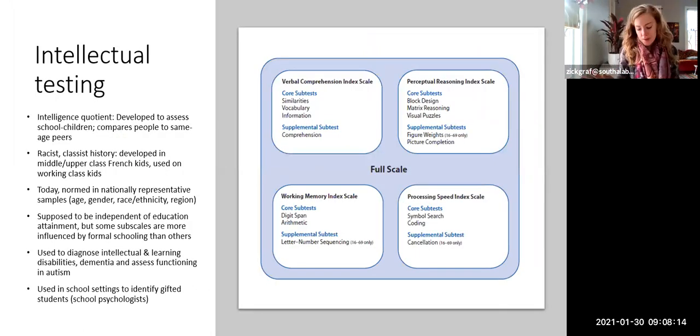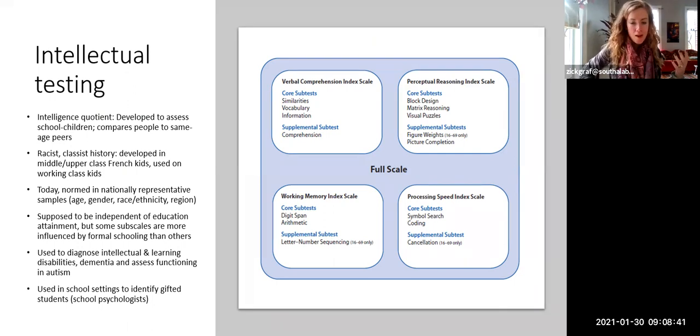One of the most frequently performed types of standardized psychological testing is IQ testing, intelligence quotient. This concept was originally developed as a way of assessing the performance of school children and identifying children who needed extra academic support, which sounds like a good thing, but it has in the past been used and applied in really racist, unfair, unequal ways.